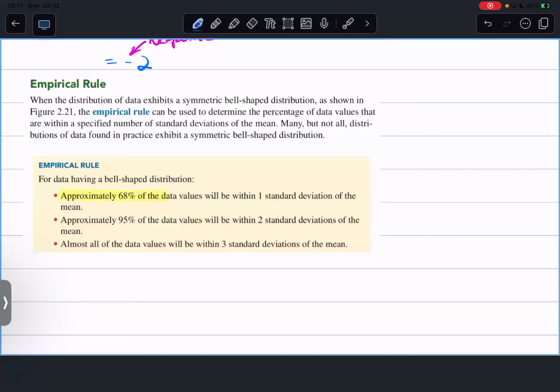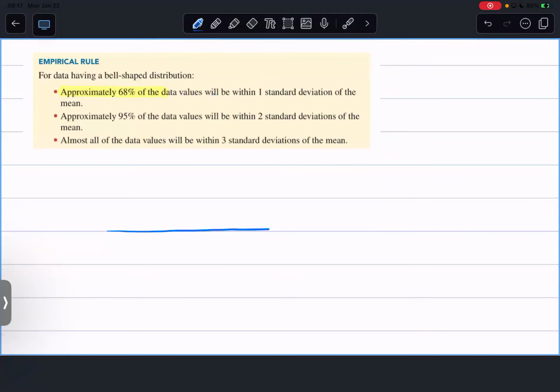Well, it looks something like this. If I have my mean here, then I'm going to have a Z equal to -1 and a Z equal to 1, so 1 standard deviation below the mean and 1 standard deviation above the mean.